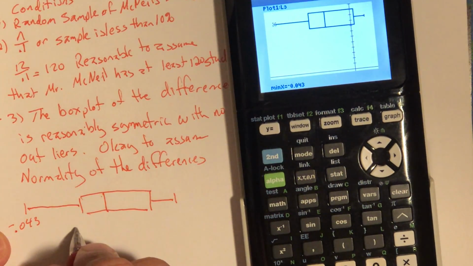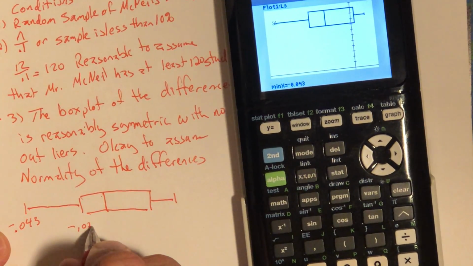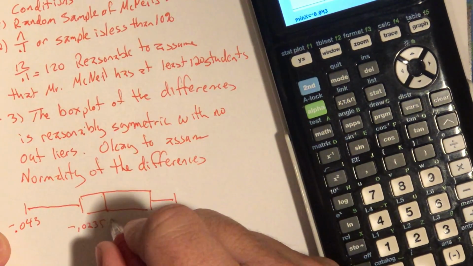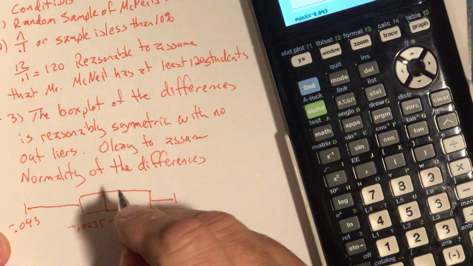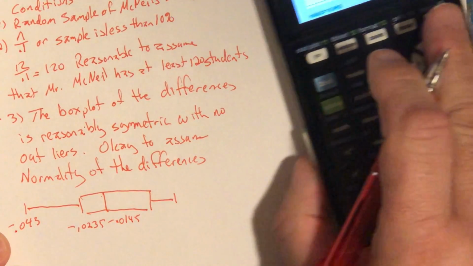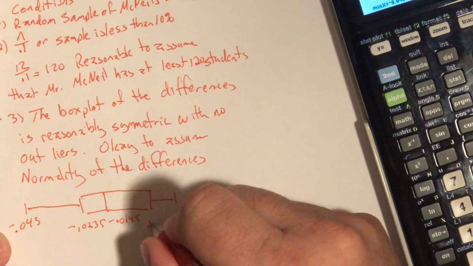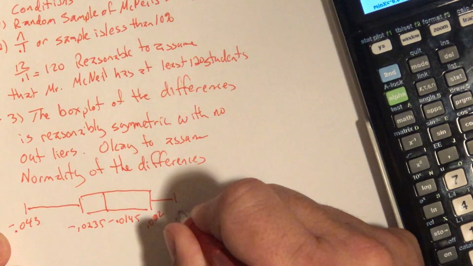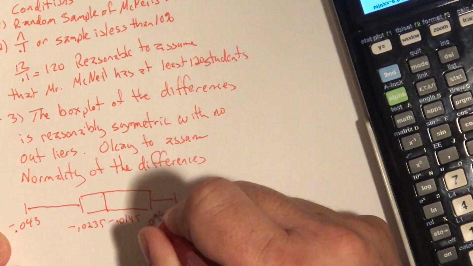Then I have a negative 0.0235, a negative 0.0145, 0.002, and then 0.008.